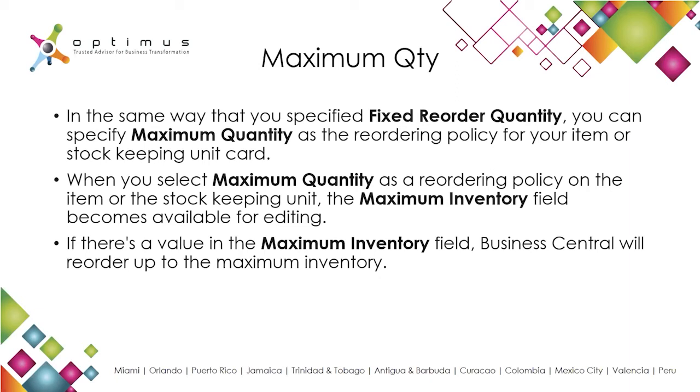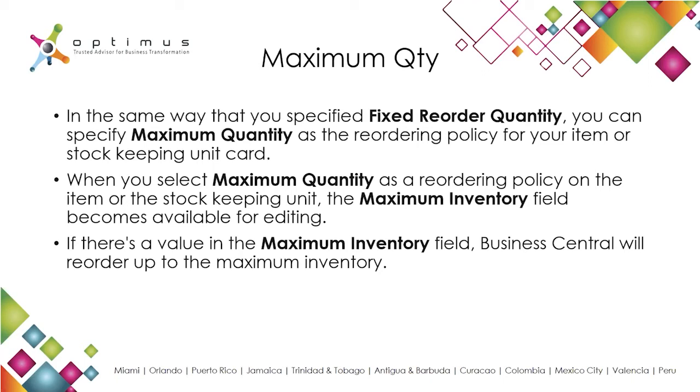Let's say I only sold 10, okay? So if my maximum inventory is 100 and I have, let's say, 90 units, I will be ordering only 10 units in order to reach the maximum quantity only, okay? So this is super easy. So this is going to check the maximum inventory threshold, correct?